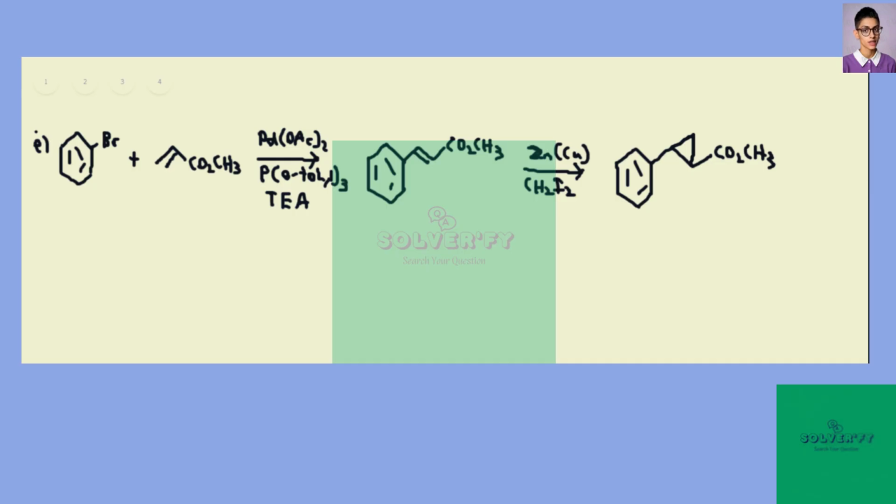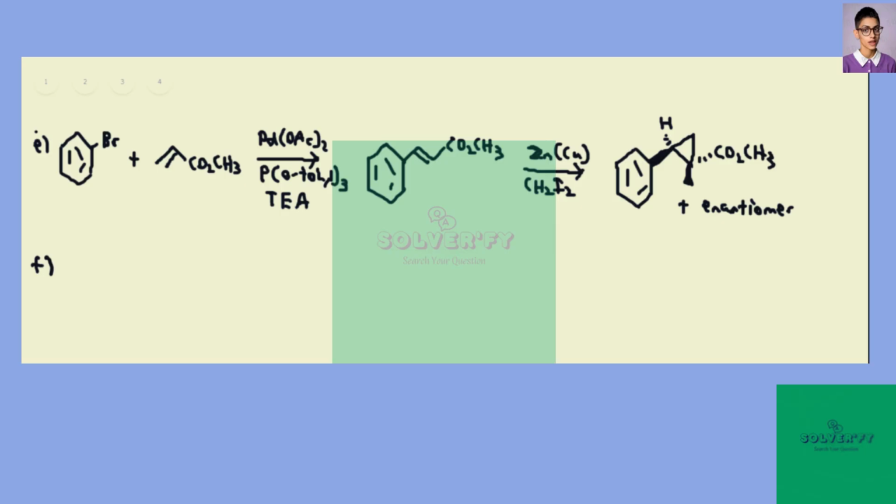Okay, and we actually can include some stereochemistry here. So that would look like this. And we'd get both enantiomers. So we should say plus enantiomer. So we'll get a racemic mixture there.